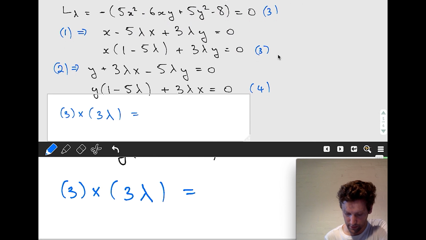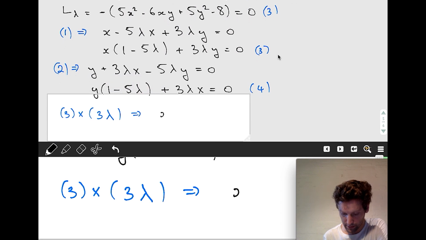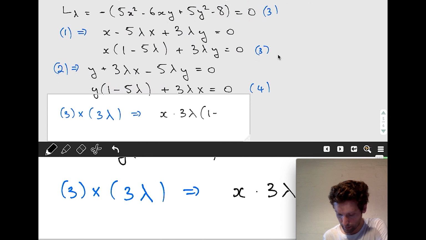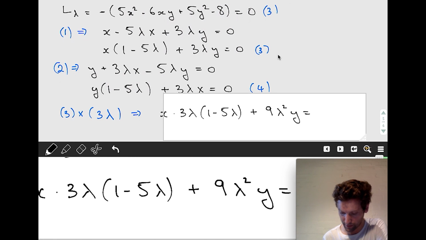And then that gives us x times 3 lambda times 1 minus 5 lambda plus 3 lambda times 3 lambda times y is equal to 0.